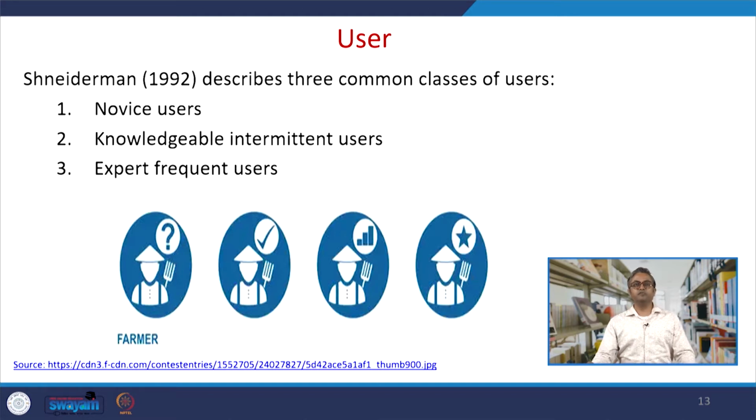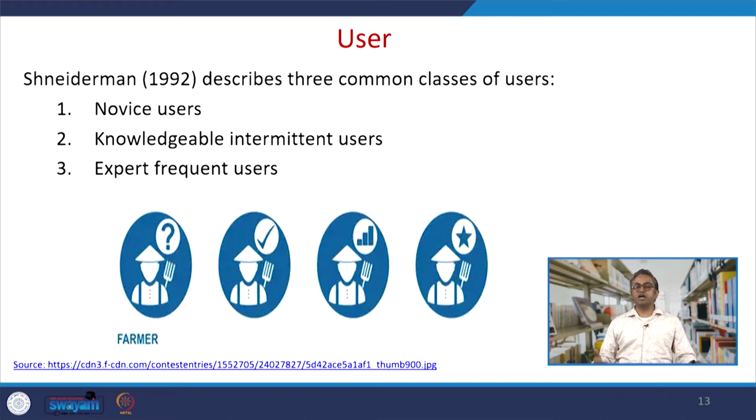The cognition of the human, the user's cognition. When a user is interacting with the computer system for the first time, his experience, his interaction will be very different from the person who is interacting with the system a second time or more than 50 times.